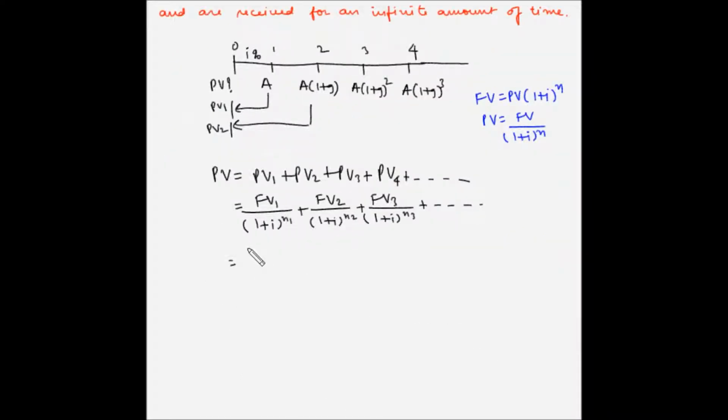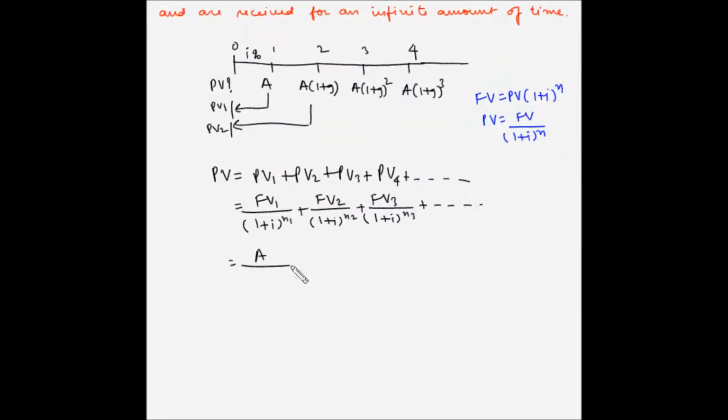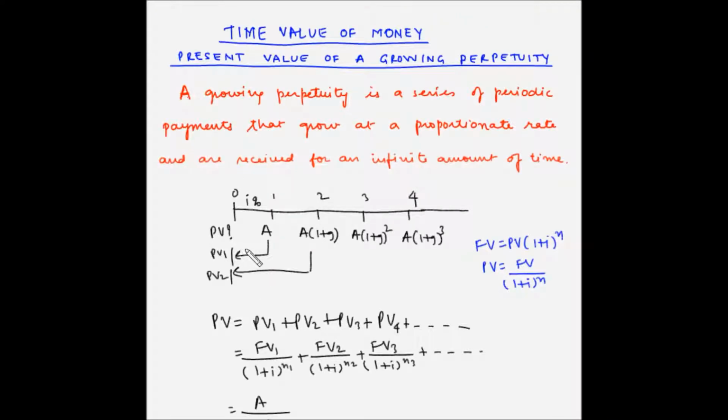Now FV1 is nothing but A. So A divided by (1 + i), because n1 is 1 in case of PV1, as PV1 is being withdrawn after 1 year.